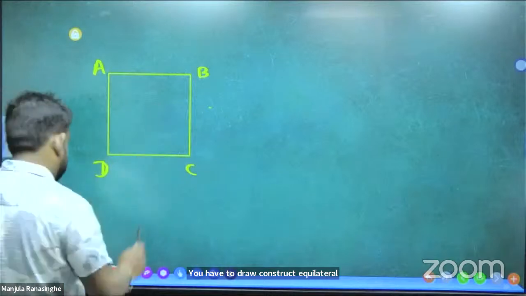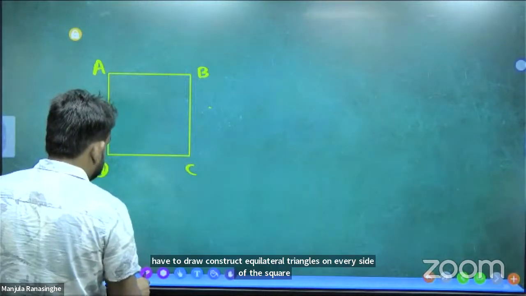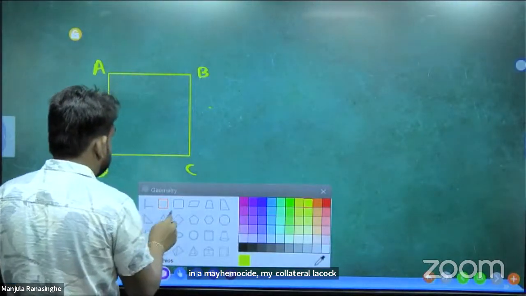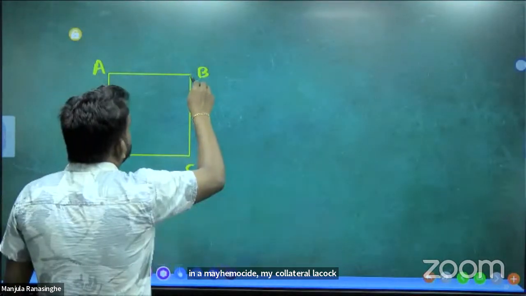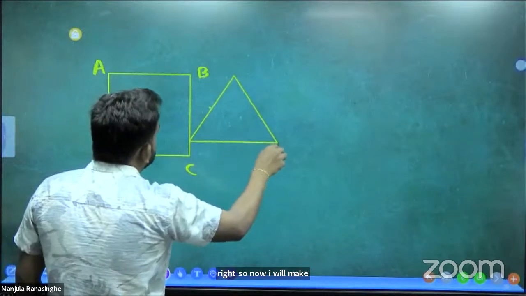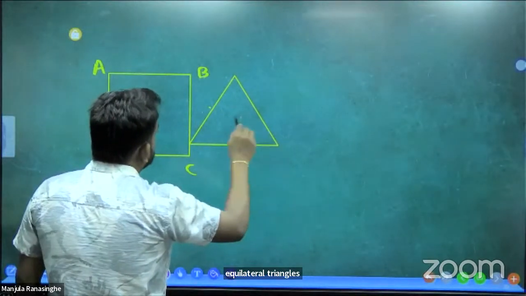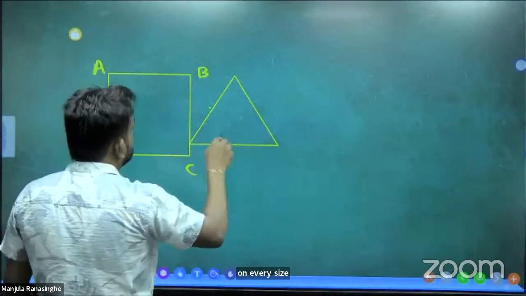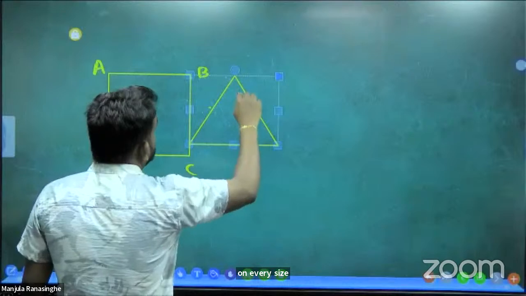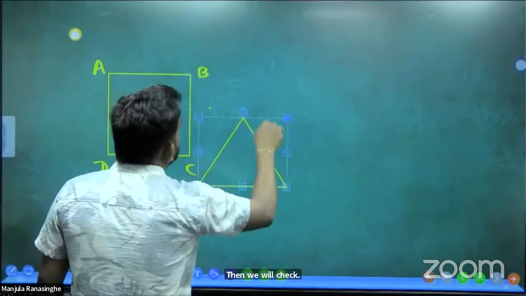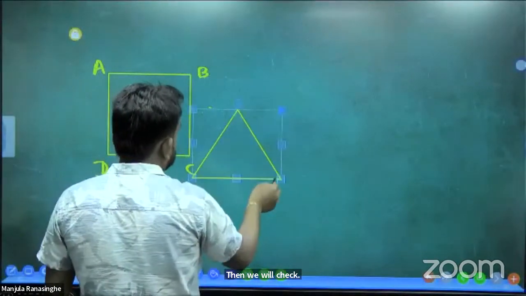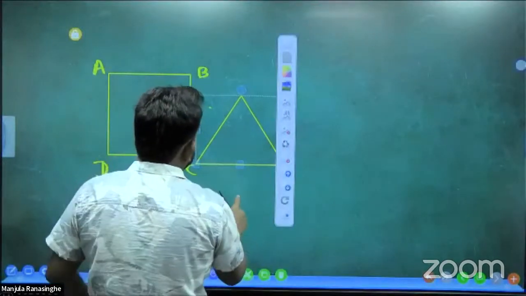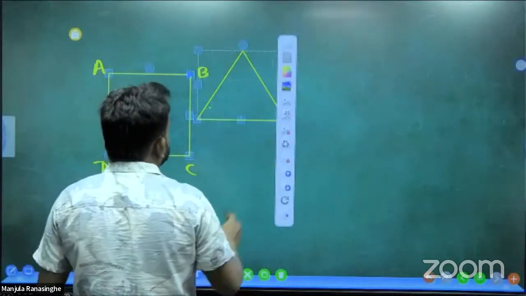Let's see how we make that. Right, so now I will make equilateral triangles on every side. Then we will check. I will make it after.